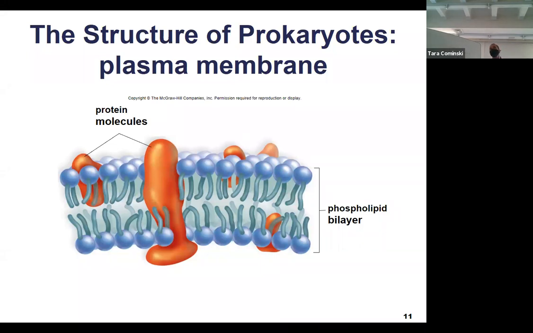But what's there? What's that orange? Proteins. Right, so this is showing different protein molecules within that bilayer, which we see in eukaryotic membranes as well. So many phospholipids, just like we talked about. Very similar, just more simple.